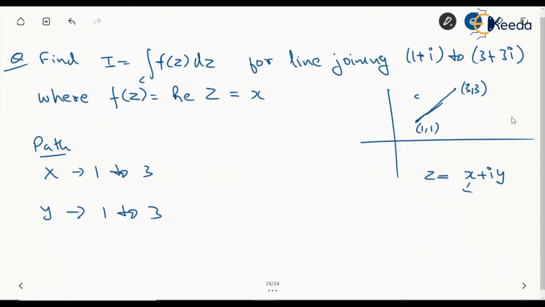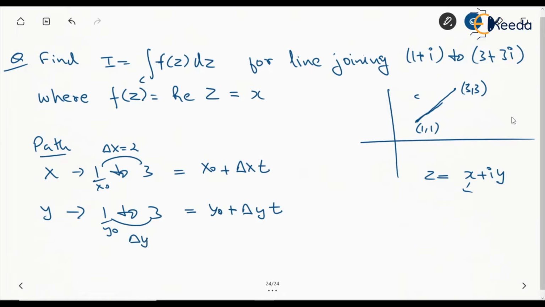So this can be given as x naught plus del x times t, and this can be given as y naught plus del y t. So x naught and y naught are the initial points. So this is 1, this is 1, so this is x naught, this is y naught, and del x is the difference between these. So del x becomes 2 and the difference del y becomes 2.